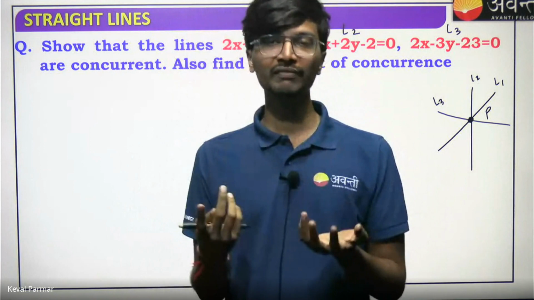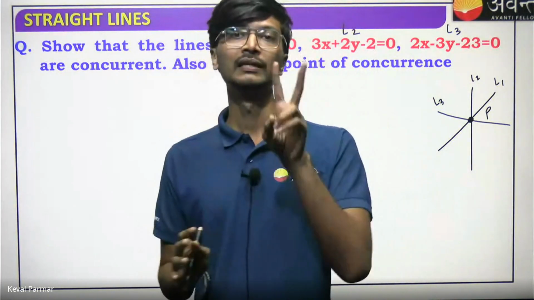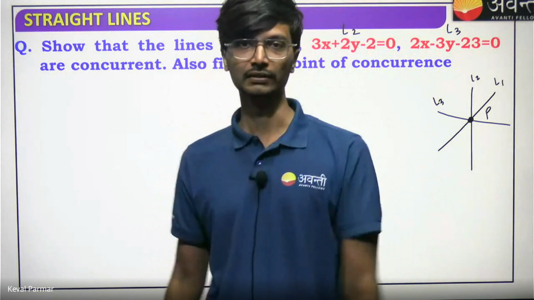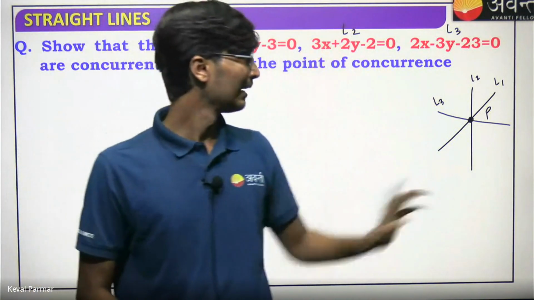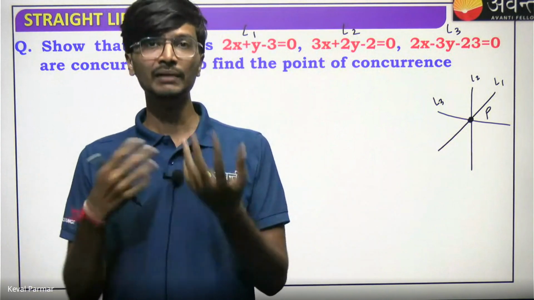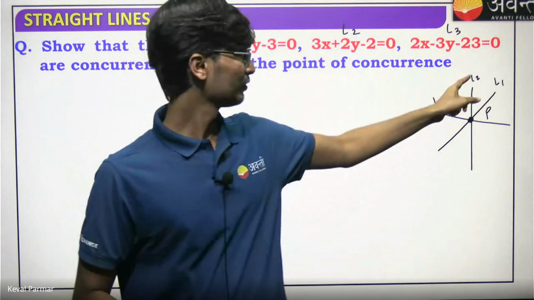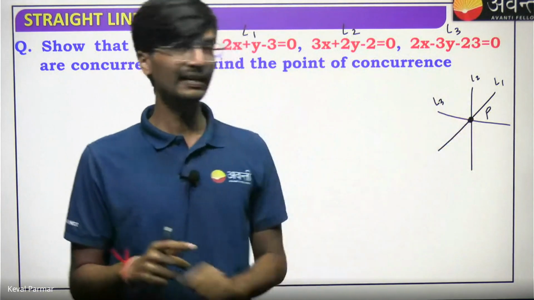One of the ways to prove it is by solving two equations simultaneously. If I solve L1 and L2 simultaneously, I'll get P as done in the last question. Similarly, if I solve L2 and L3 simultaneously, I'll again get P.